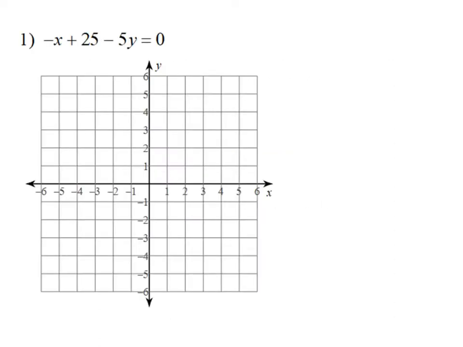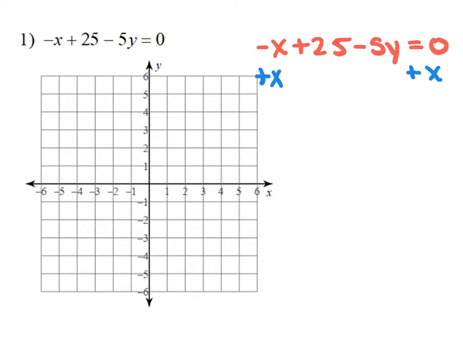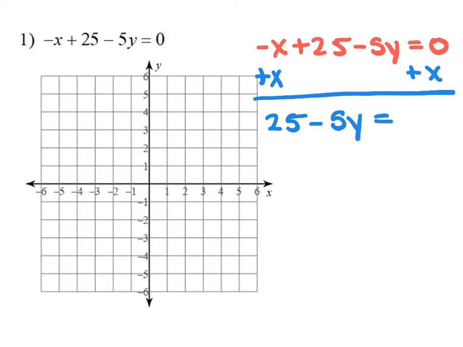In my first example, I'm given the equation negative x plus 25 minus 5y equals 0. Now if I want to get y by itself, the first thing I have to do is move this x. So I would add x to both sides, and that would give me 25 minus 5y equals x.